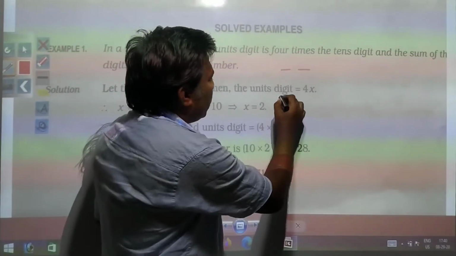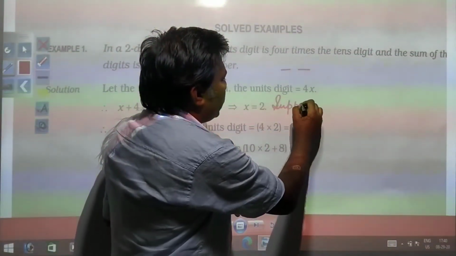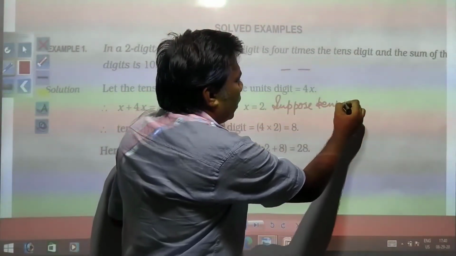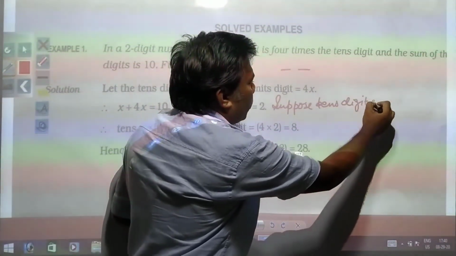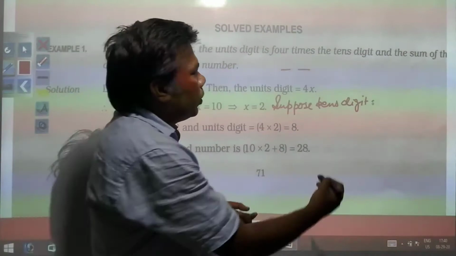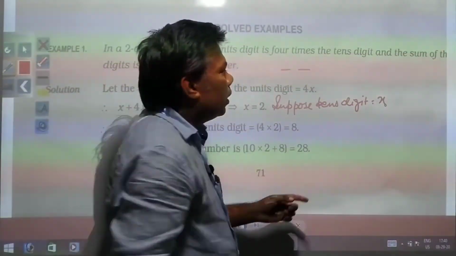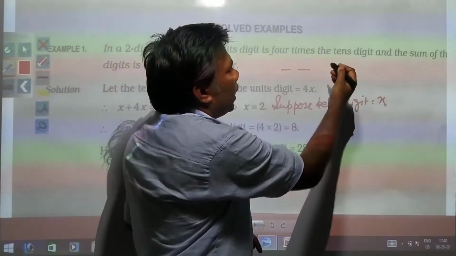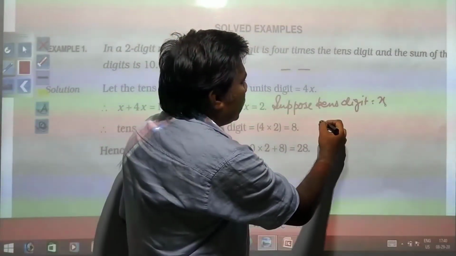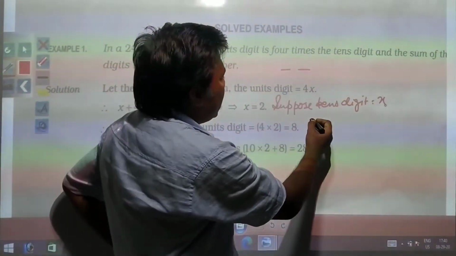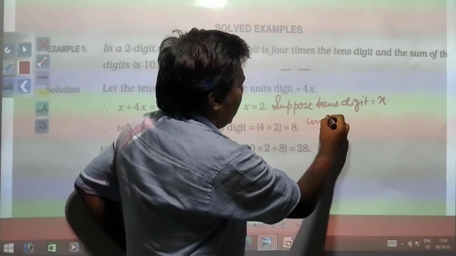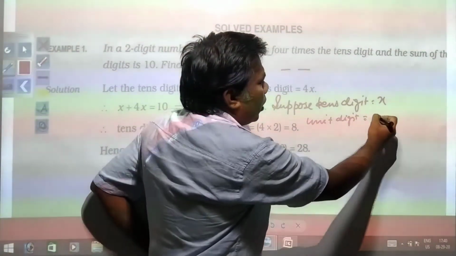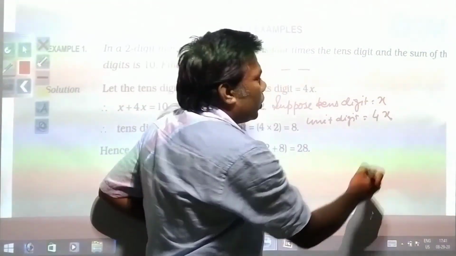So suppose the tens digit number is x. Then the unit digit is 4 times the tens digit, which means the unit digit number will be 4 times the tens digit number.